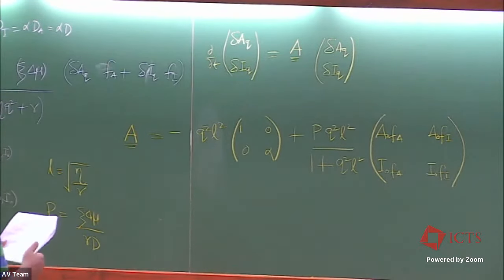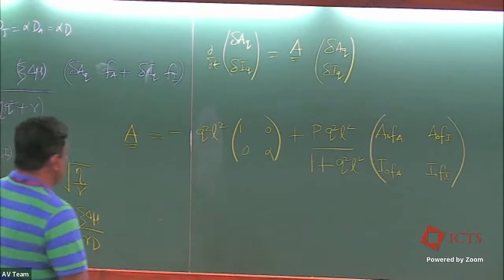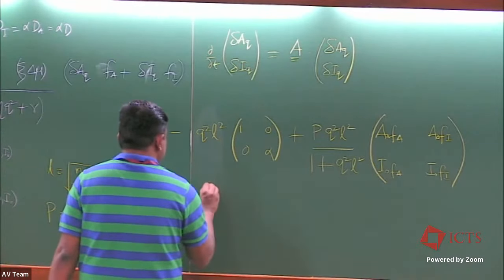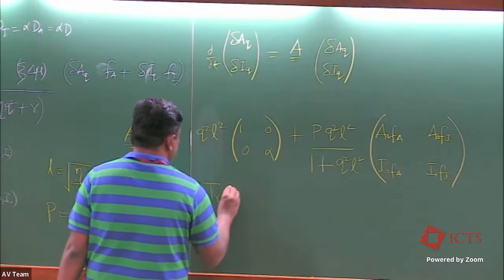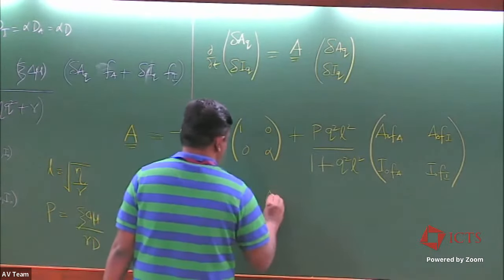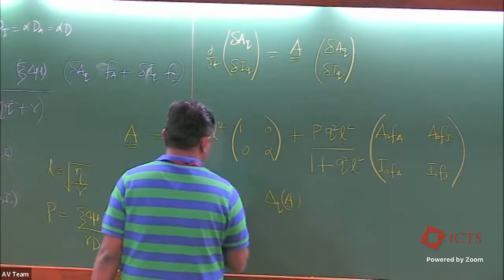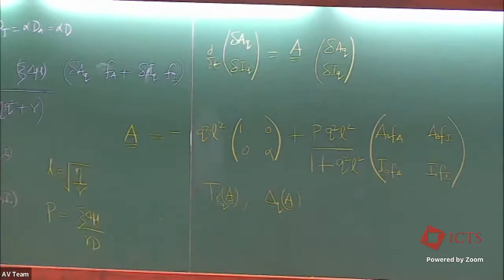Now, if you remember last time when we did the 2 by 2 matrix for the diffusion for the Turing pattern formation as well, the trace and the determinants of A, the Q-dependent function, these are the things that determine the eigenvalues.